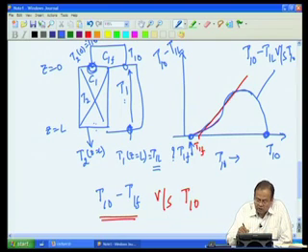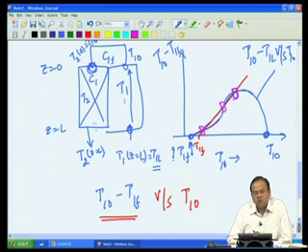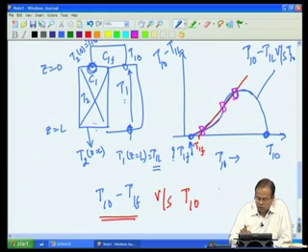And what do these intersection points indicate? Let us indicate them by a different color. What must be happening at these intersection points? At this intersection point, value of both the functions is identical. So, what does it mean?